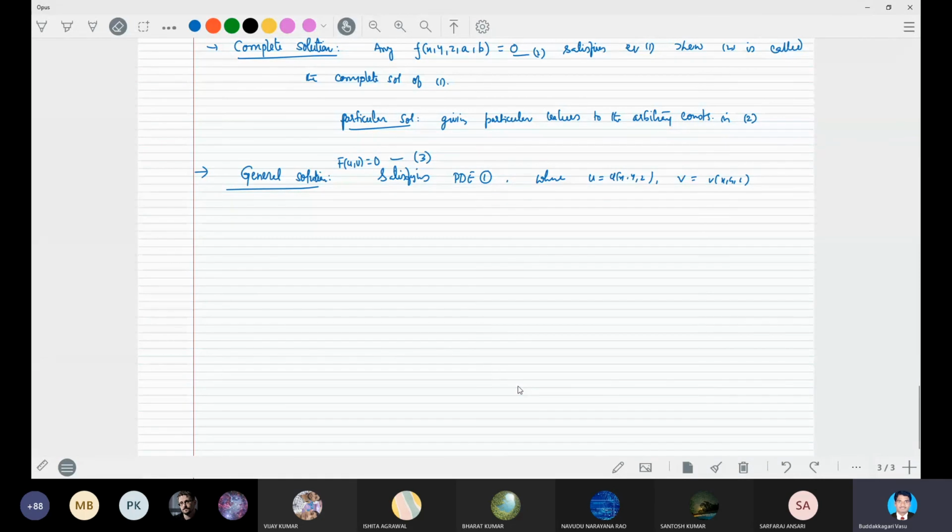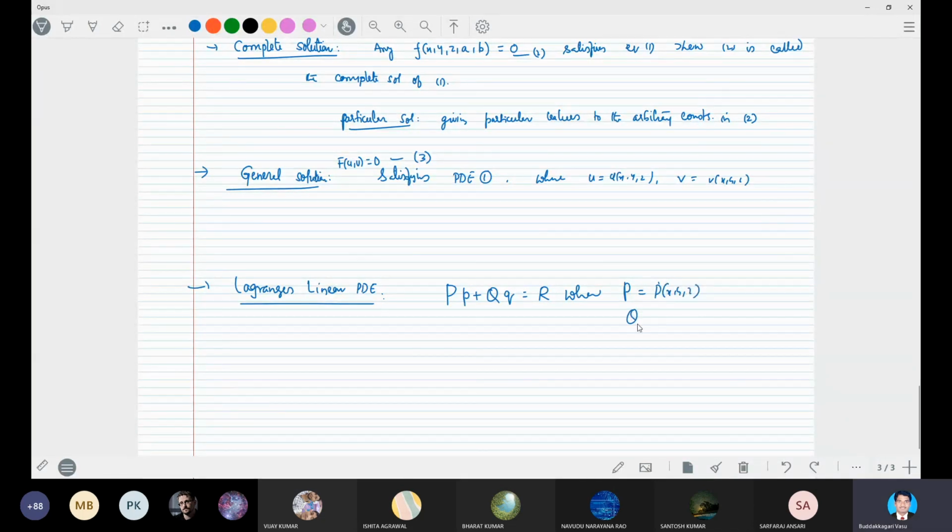So here is another classification, that is Lagrange's linear partial differential equation. A differential equation of the form capital P into small p plus capital Q into small q is equal to R, where P, Q, R are all functions of x comma y comma z.